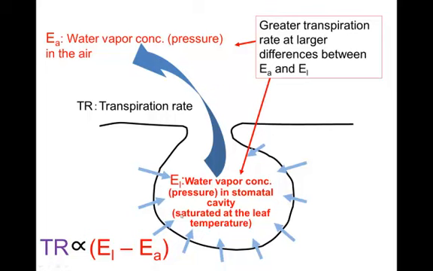That level of vapor pressure is EL, saturation at the leaf temperature, and that moisture comes out through the stomata. It is diffusion driven by the concentration difference between the vapor concentration in the cavity and the vapor concentration in the air.